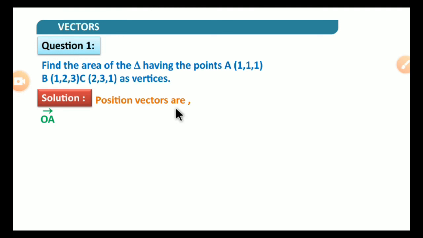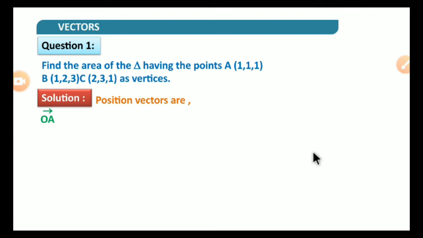Therefore AB and AC are the two adjacent sides, because both have the common initial point A. To find AB and AC, first we have to find OA, OB and also OC.